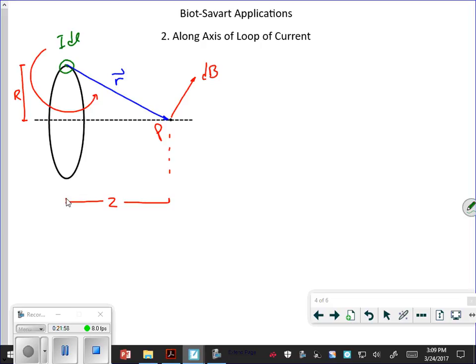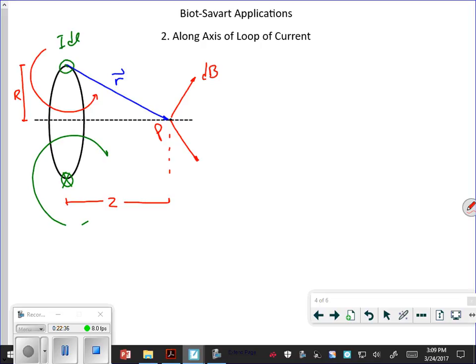What I like to do here is look at the symmetry case and ask, what about the current element in the opposite orientation, reflected over our z-axis? That current element is into the page, so my right thumb goes into the page, my right fingers curl around this way, and the dB from that one points this way.